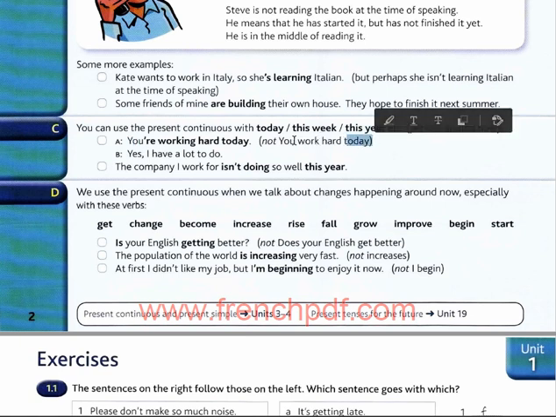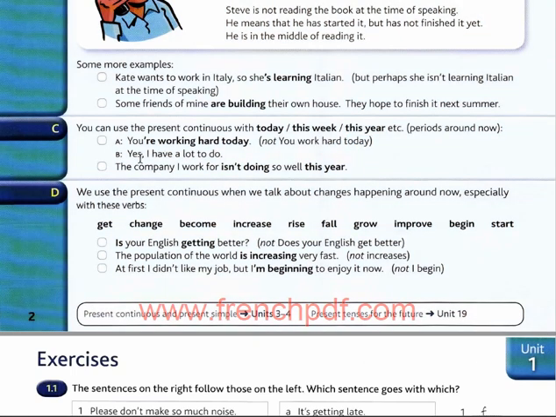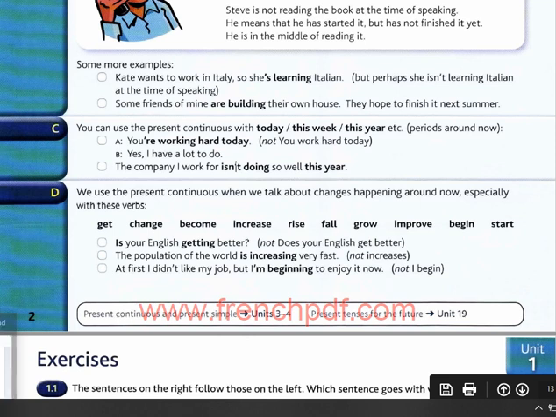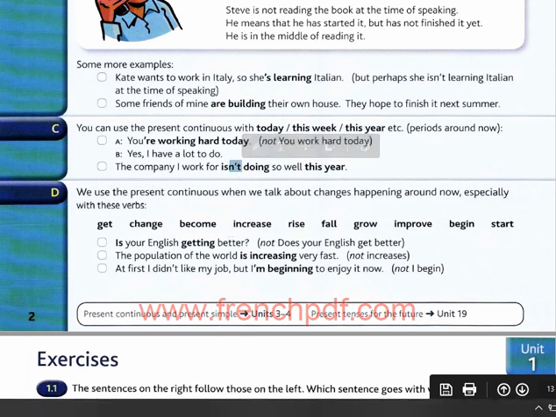You have to say you are working hard today. The company I work for isn't doing so well when? This year. So we will have this year, so we will use present continuous.